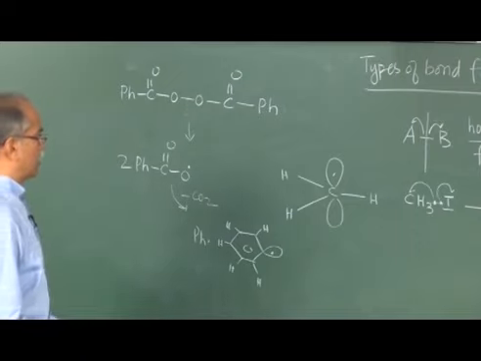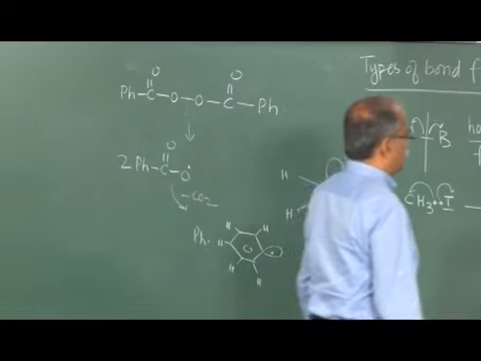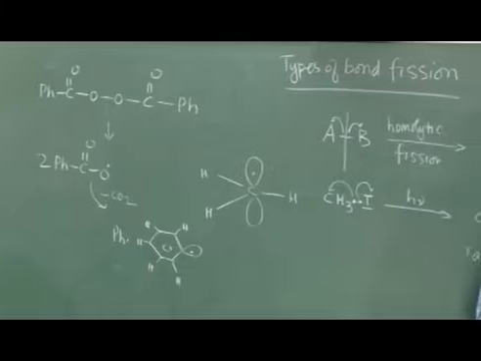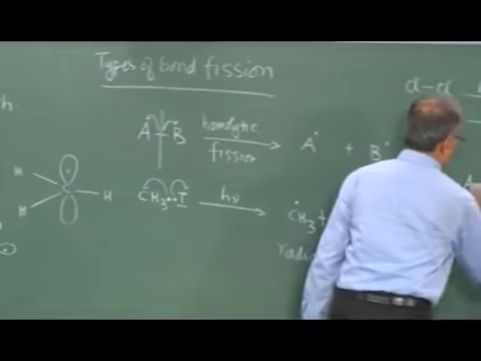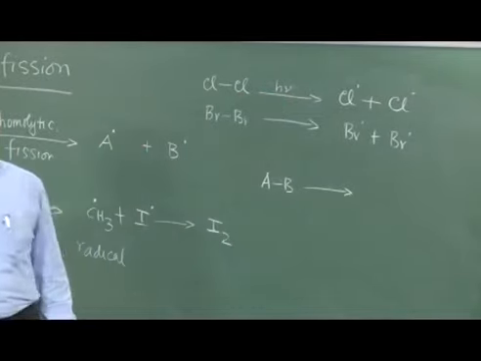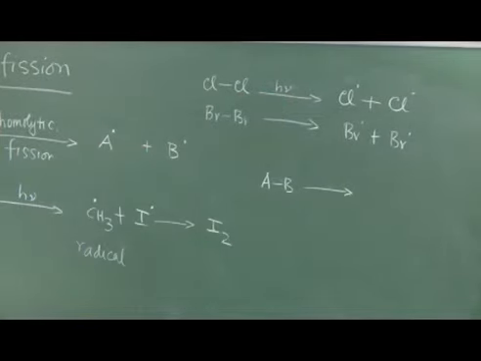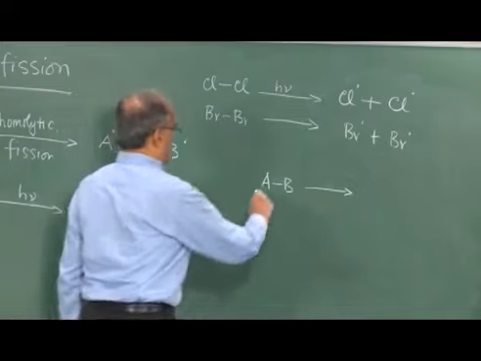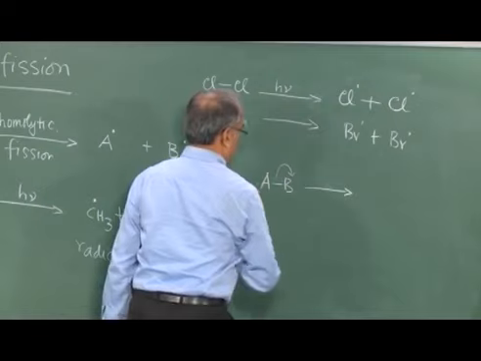On the other hand, one can also think about bond fission between A and B, where based on the electronegativity difference or the polarization of the bond between A and B, both electrons of the pair are taken by one of the partners, let us say by A itself or B itself.